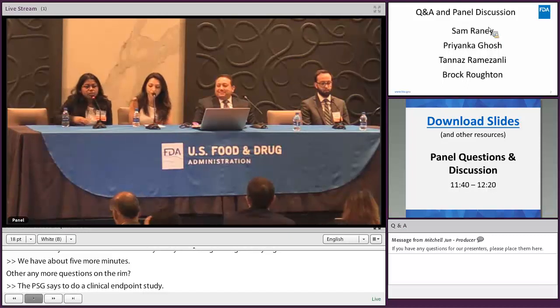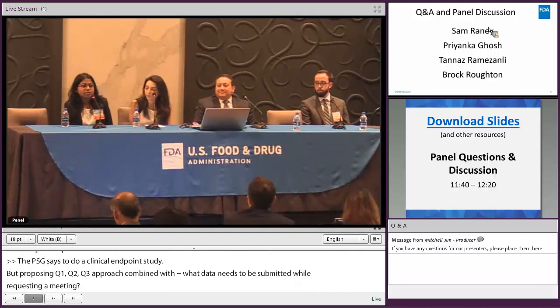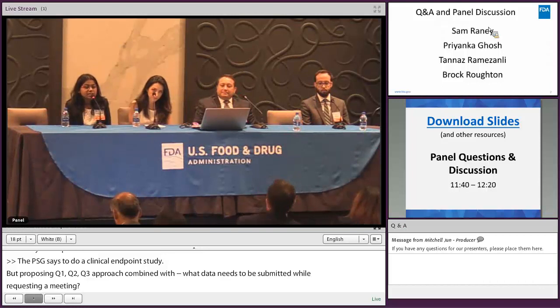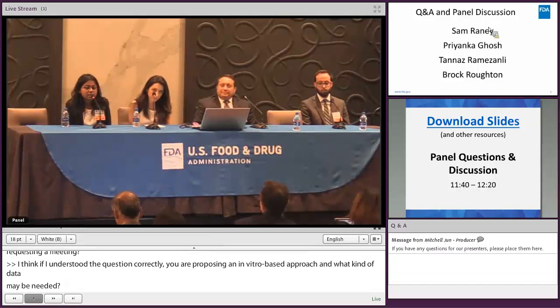I think if I understood the question correctly, you're proposing an in vitro-based approach, and the question is what kind of data may be needed. Like Dr. Ramezanli mentioned during her presentation, providing data about the formulation, detailed information related to each of the excipients, as well as your Q2 aspect of the formulation is helpful.